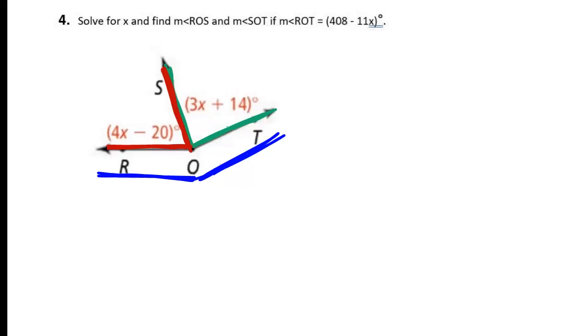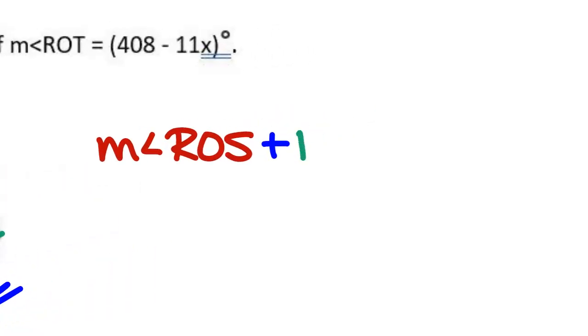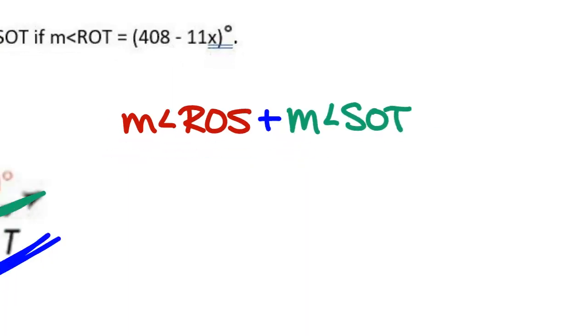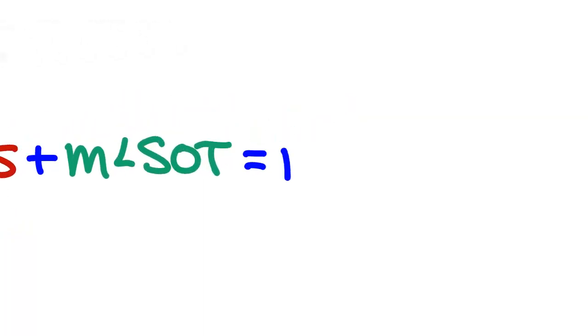I get ROT. So the measurement of angle ROS added to the measurement of angle SOT, if I add their degrees together, should give me the same number of degrees as ROT.